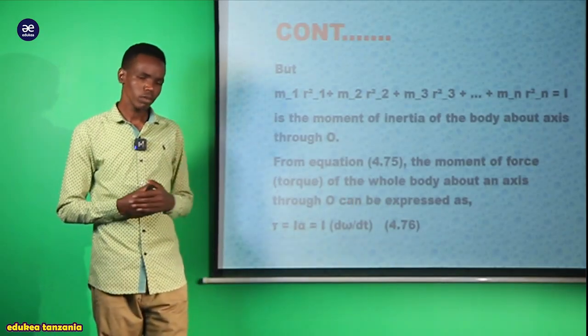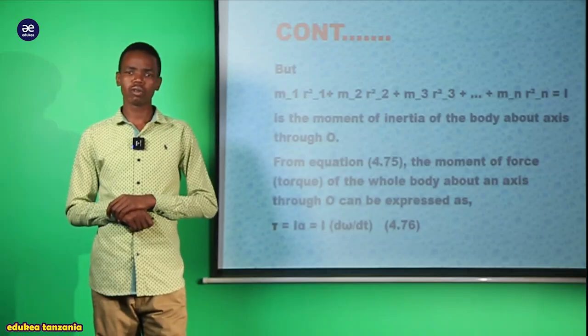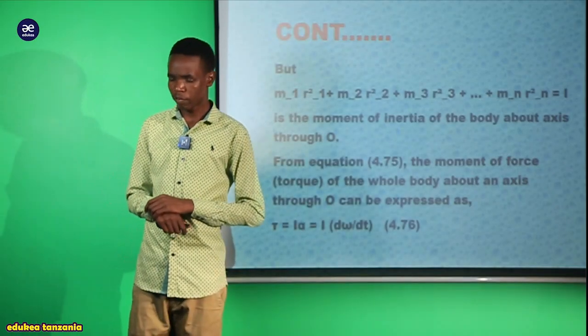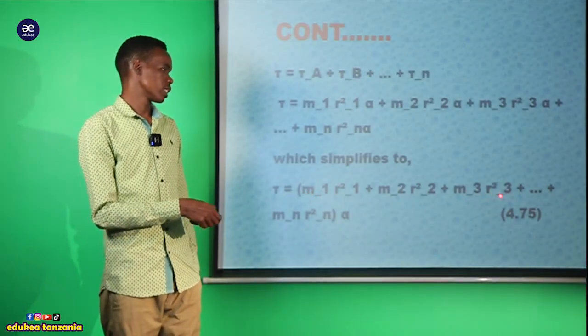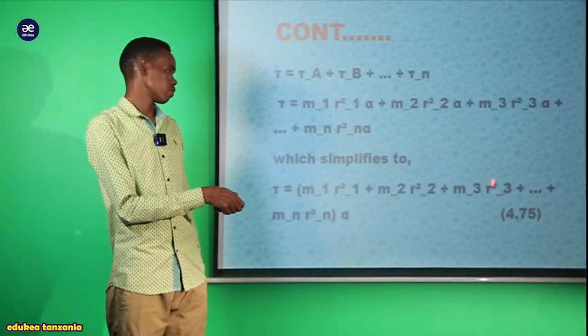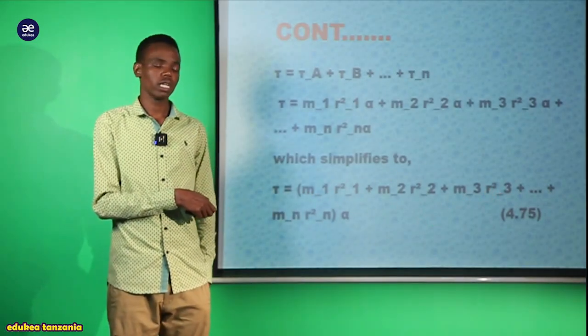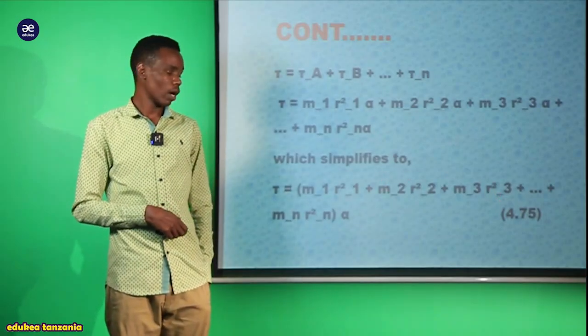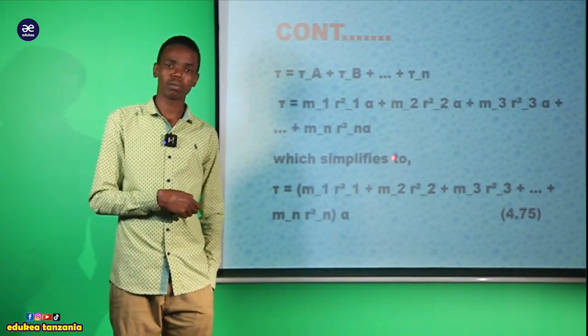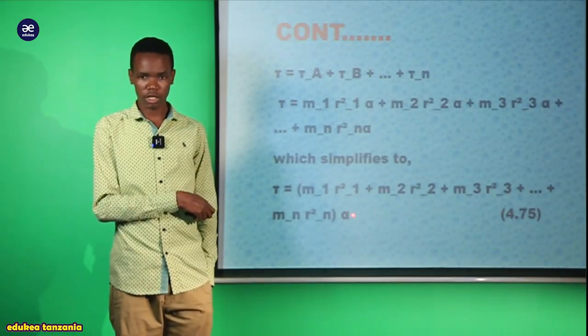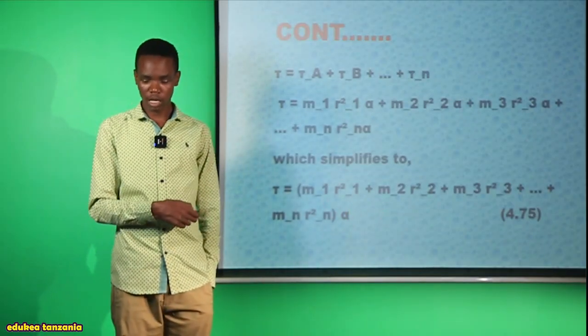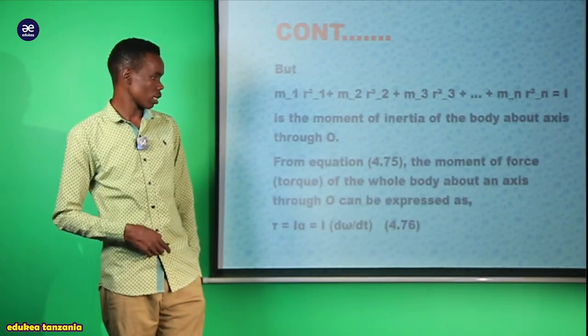Now going back to equation 75, as we see, what is found inside the bracket is equal to I. Now we could say that this torque must equal I times the angular acceleration. So the torque will be equal to I times the angular acceleration.